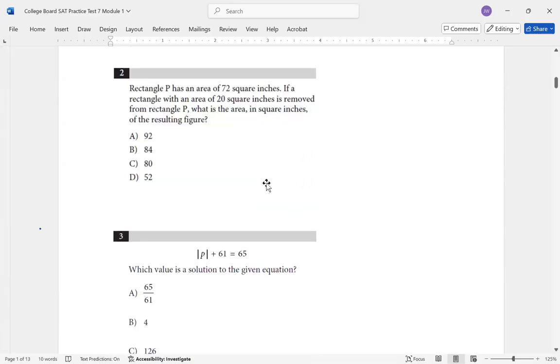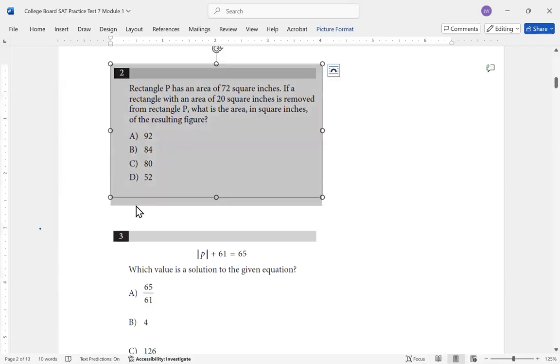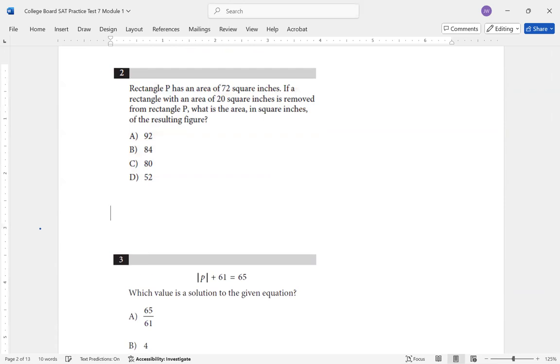Question 2. Rectangle P has an area of 72 square inches. If a rectangle with an area of 20 square inches is removed from rectangle P, what is the area in square inches of the resulting rectangle?